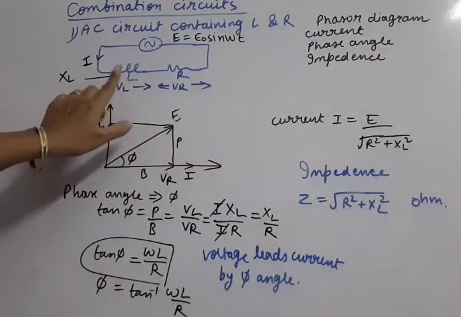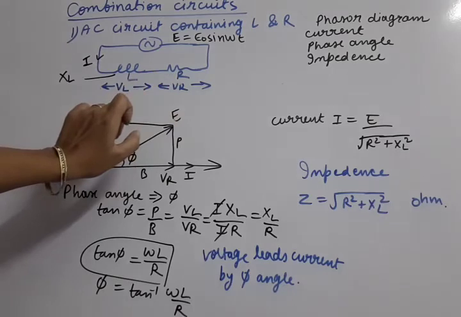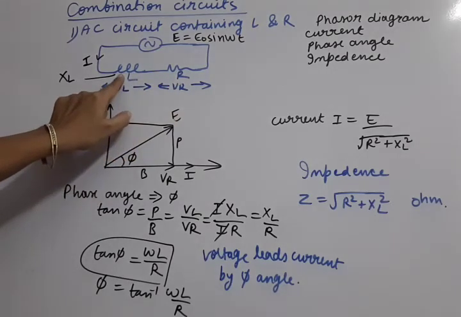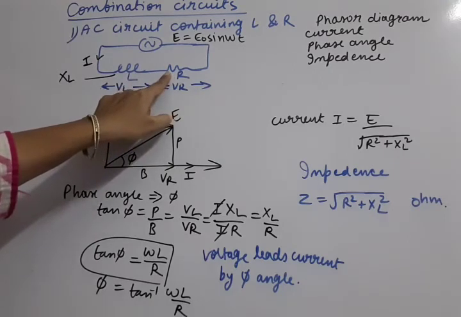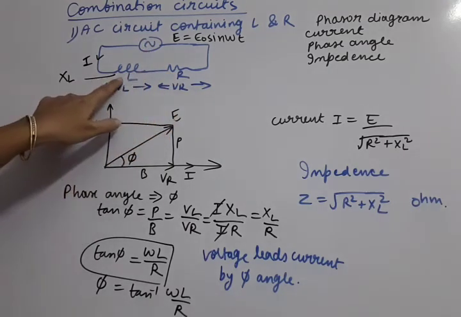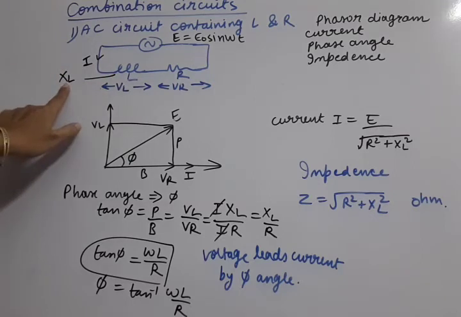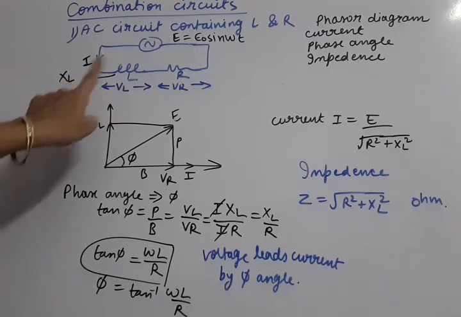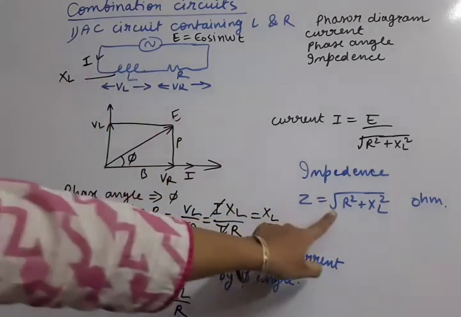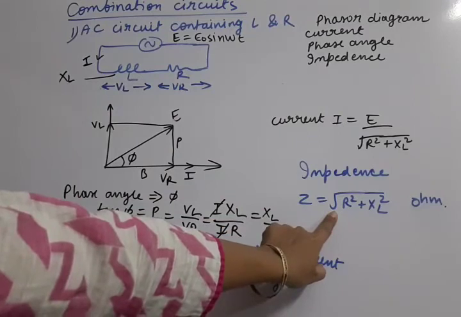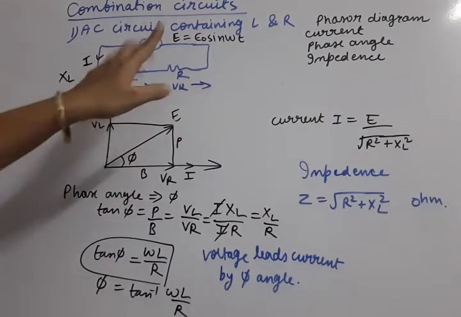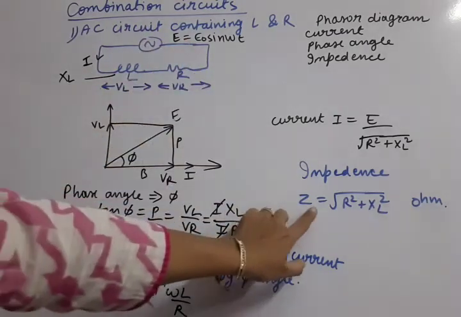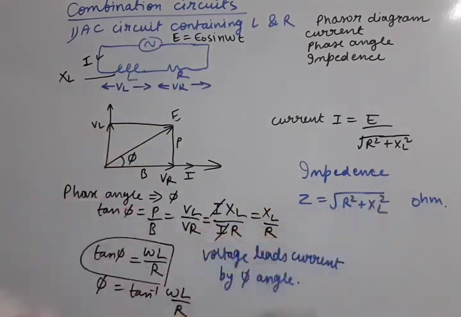Whenever you see this LR circuit, L is one circuit component, R is the second. R offers resistance R, but L offers resistance XL. So R and XL give the total resistance, but we don't add them directly; we take squares and add them under a square root. So the total impedance of the circuit, that is the total resistance, is root of R square plus XL square.